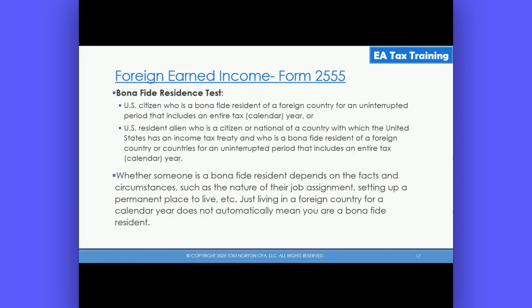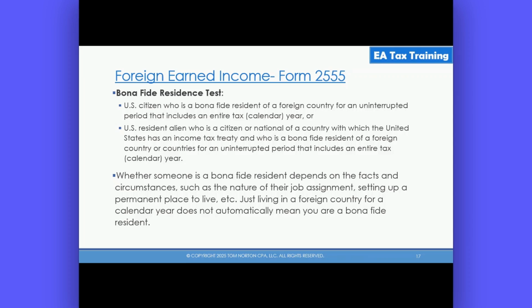So that's if you are a U.S. citizen. If you are a U.S. resident alien who is a citizen of another country and the United States has an income tax treaty with that other country, and you are a bona fide resident of a foreign country or countries for an uninterrupted period that includes the entire tax year or calendar year, then you will also qualify.